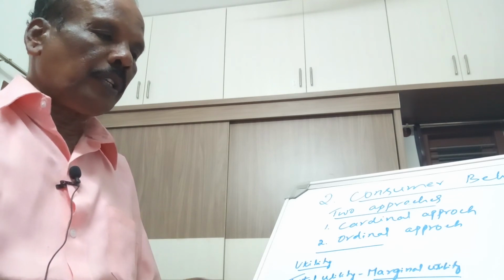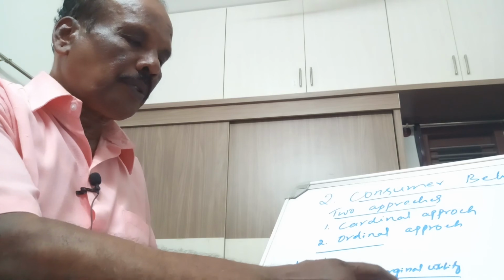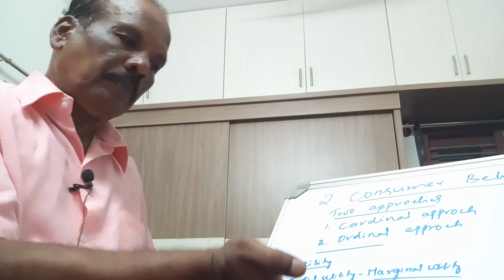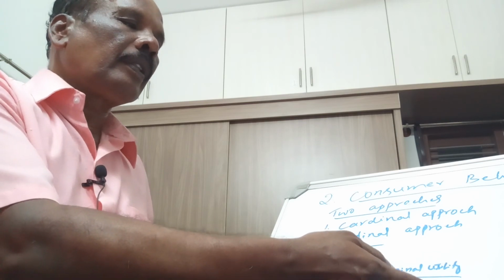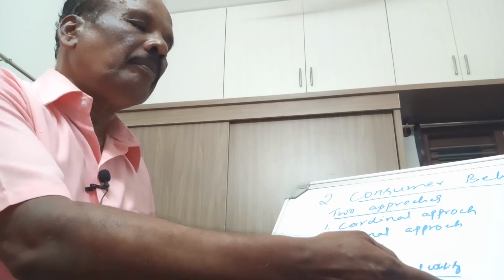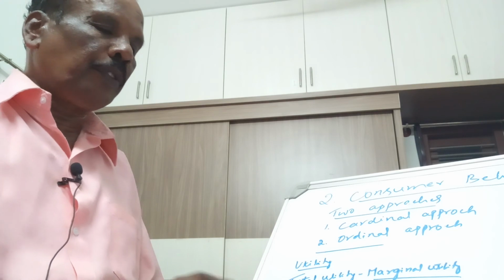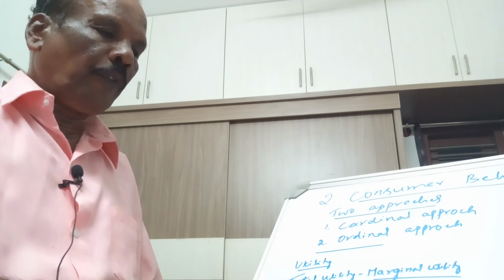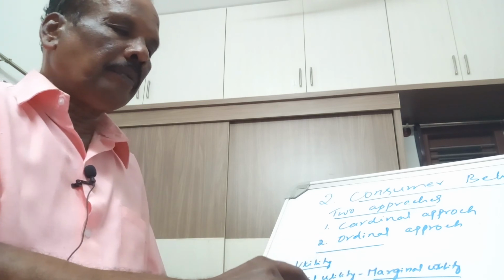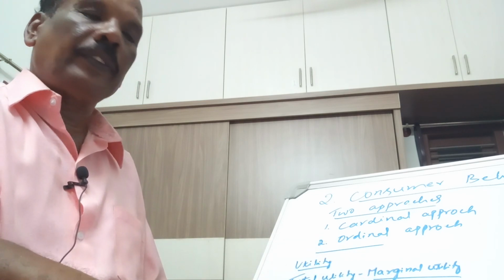So what you have to do is take total utility n, which is 24, minus the previous total utility, TUn-1, that is 18. If you deduct 18 from 24, you will get marginal utility, that is 6.